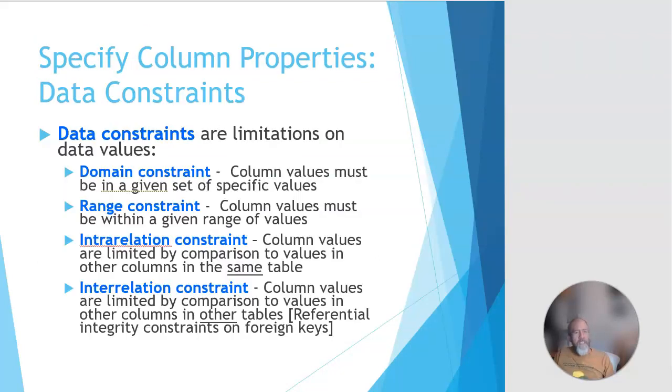You've also got different ways to make constraints on the value. You can say that a column can only have a value of this specific set, or only between 0 and 10, a range, or it might be dependent upon values in the same table, or upon values in other tables. Why would you set up constraints like this?